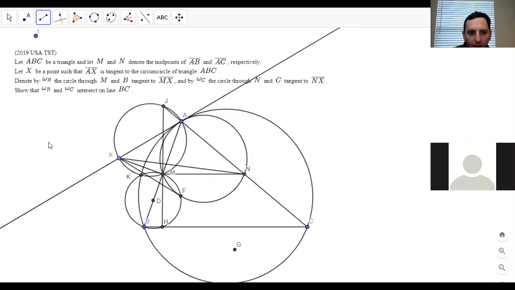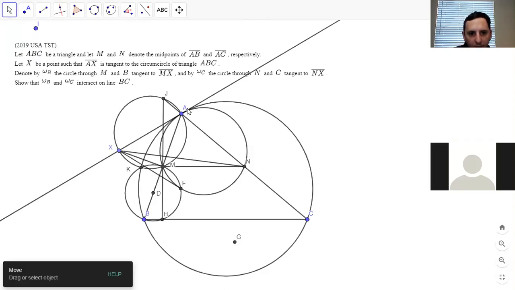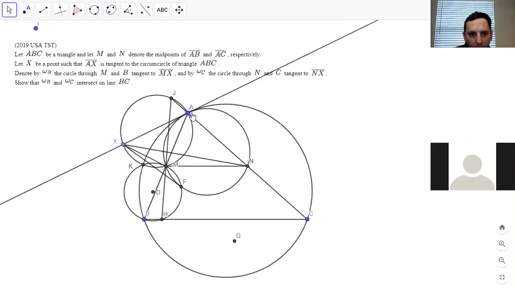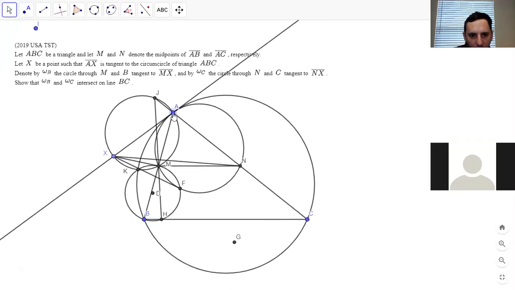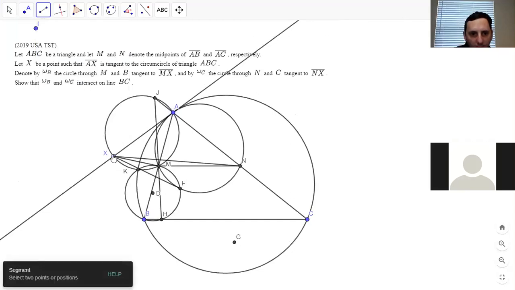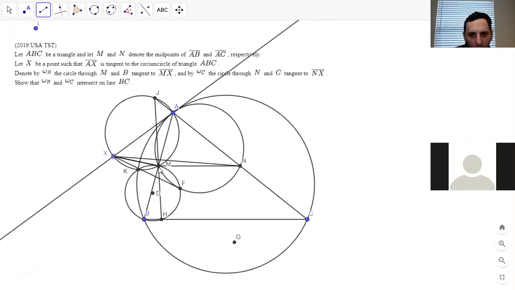Well, is it true that XM is tangent to BFM? I don't think XM is tangent, is it? Oh, so you guys think it is. Let F be given in the problem. Oh, whoops, my bad.